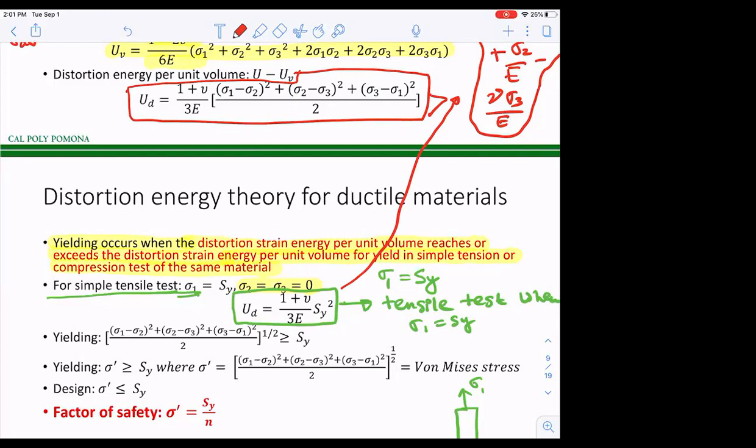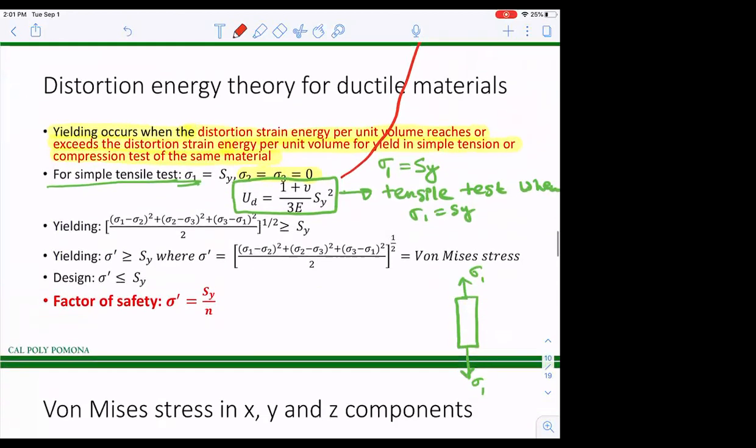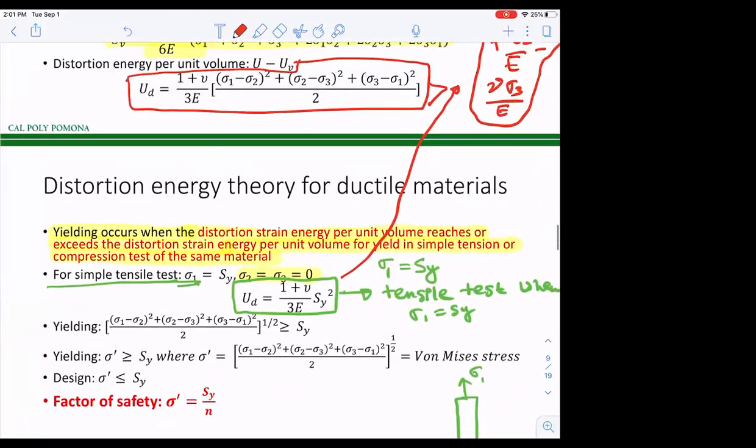Let me see if I have any space to do it. Okay, so let's write this down. It's going to be (1 plus mu) over 3E, then I have sigma 1 minus sigma 2 squared plus sigma 2 minus sigma 3 squared plus sigma 3 minus sigma 1 squared, divided by 2.